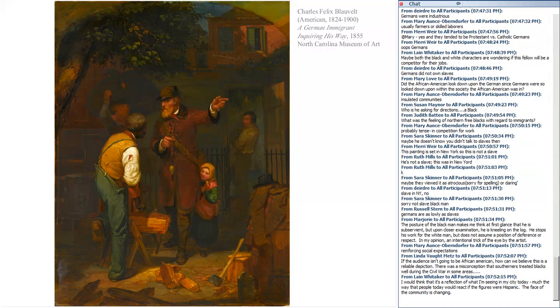Now, then there's the issue of him as an immigrant, and what is his relationship to an American who is the black man.